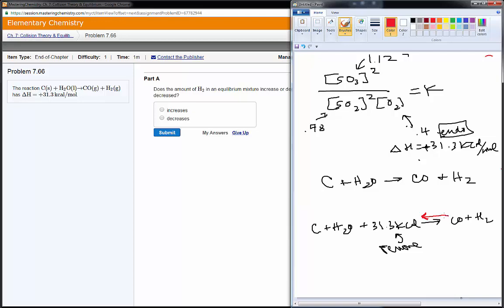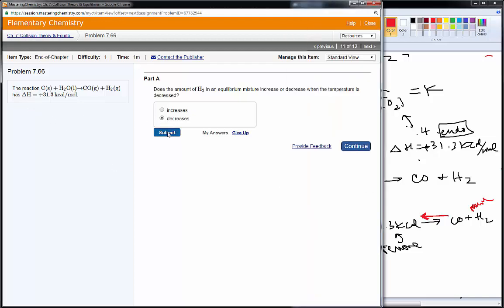Therefore, I'm going to move the reaction this direction. They want to know how much the H2 changes. Does it go up or does it go down? Well, if this is my H2 and I'm moving that direction, then I'm removing it, right? So that is being decreased when the temperature is decreased.